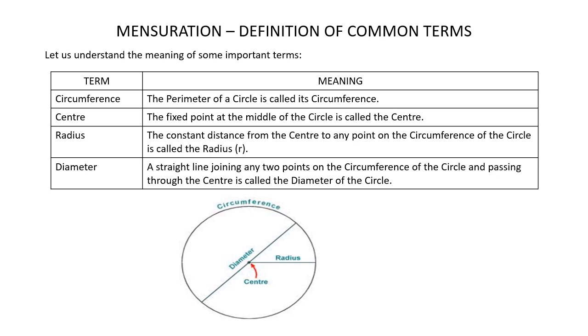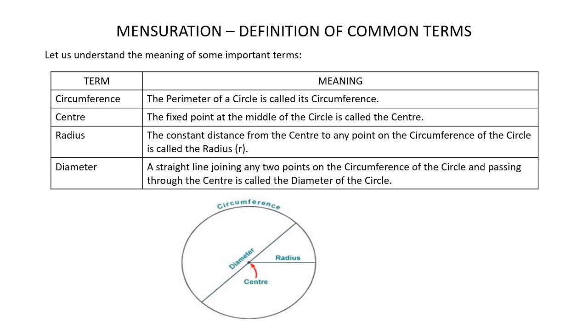A straight line joining any 2 points on the circumference of the circle and passing through the center is called the diameter. Supposing these two are two random points on the circumference of a circle, then the straight line joining these 2 points and passing through the center of the circle is known as the diameter.